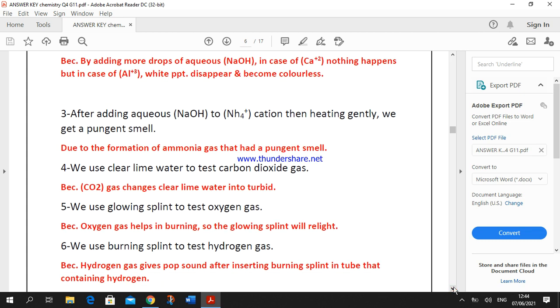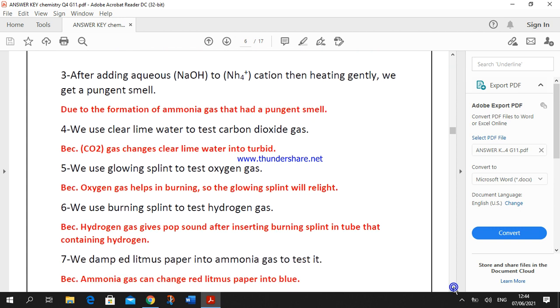After adding aqueous sodium hydroxide to the ammonium cation and then heating gently, we get a pungent smell, due to the formation of ammonia gas. Number 4, we use clear lime water to test carbon dioxide gas because it changes clear lime water turbid.